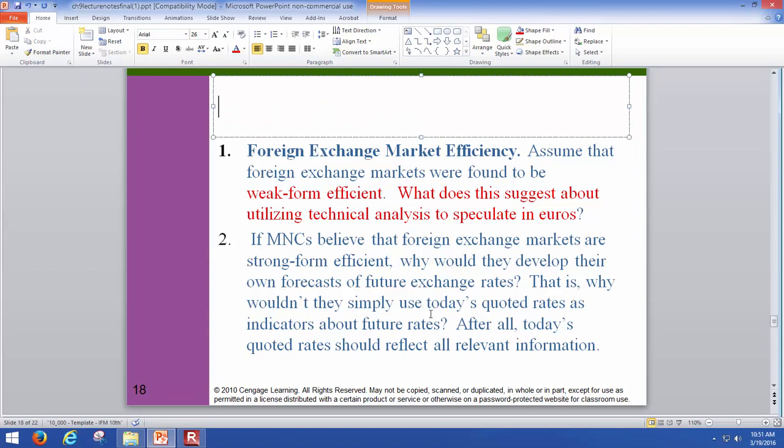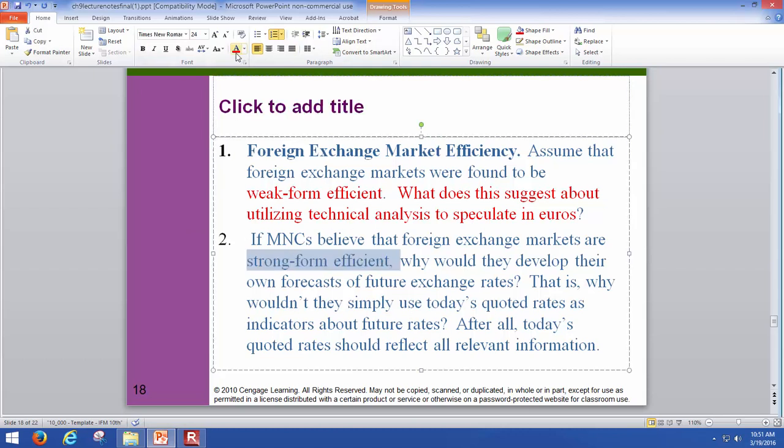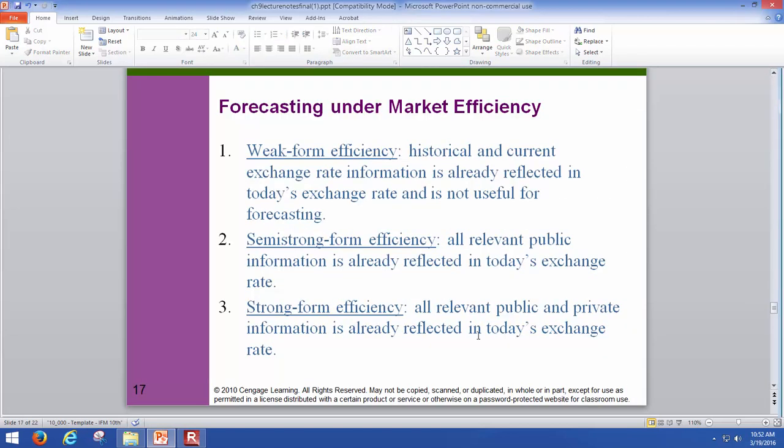Okay? Now, if MNCs believe that foreign exchange markets are strong form efficient, why would they develop their own forecast of future exchange rates? That is, why don't they simply use today's quoted rates as indicators about future rates? When you talk about strong form efficiency, what we said was that all relevant public and private information is reflected in today's exchange rate.